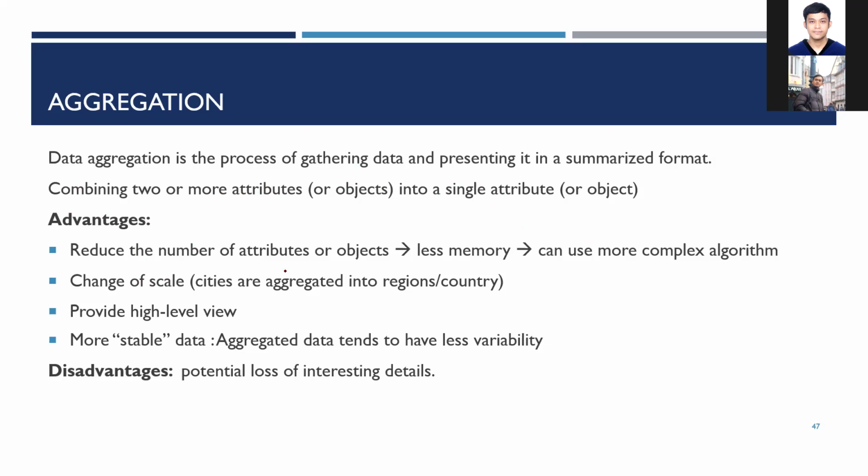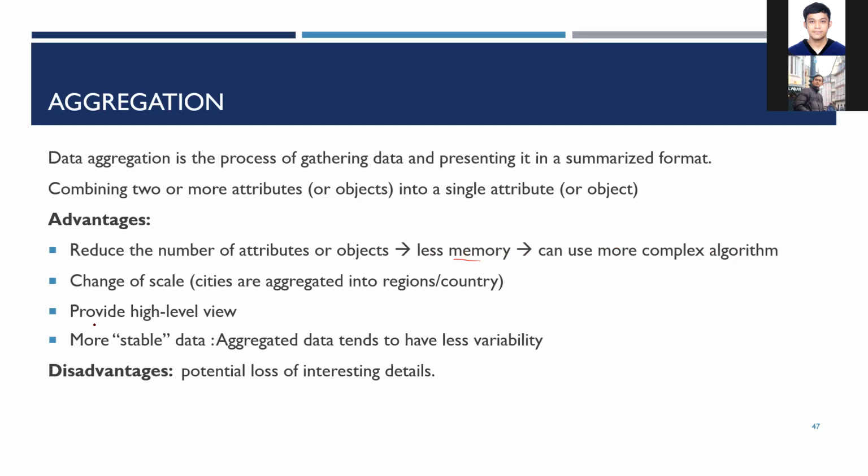Why do we use data aggregation? Because if we reduce the number of attributes, the data size becomes smaller, so the memory needed to process the data is also smaller. So if the data size is smaller, we can use more complex algorithms because it's faster.